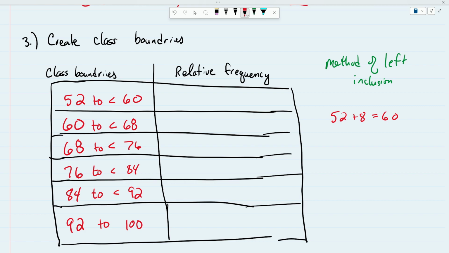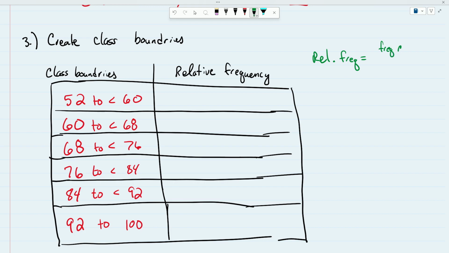So now we have to calculate the relative frequency, okay? So I'm just going to erase some stuff here on the right-hand side. So remember, relative frequency is equal to the frequency count divided by the total number of values.